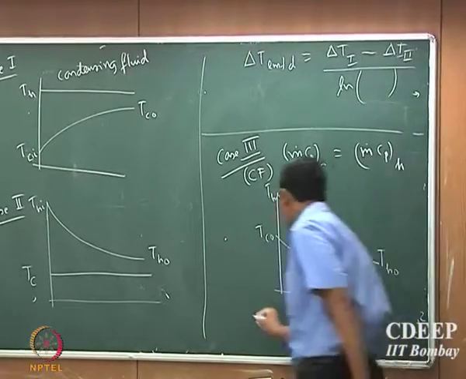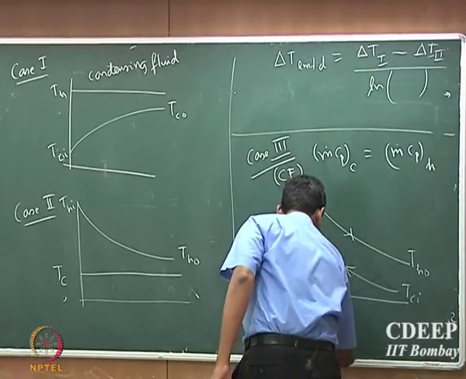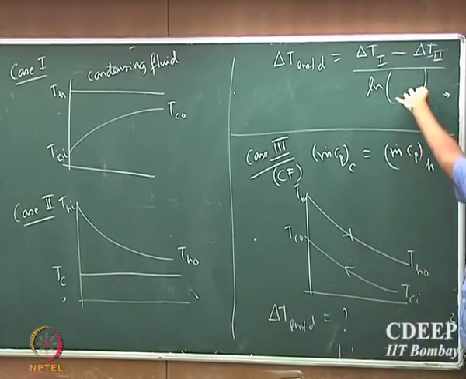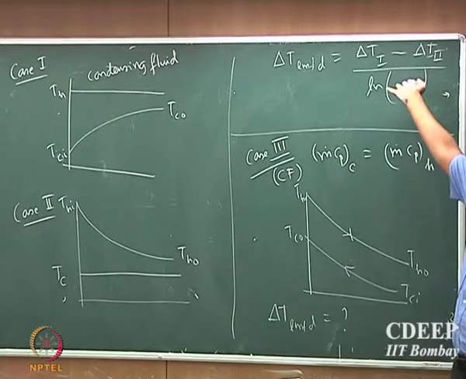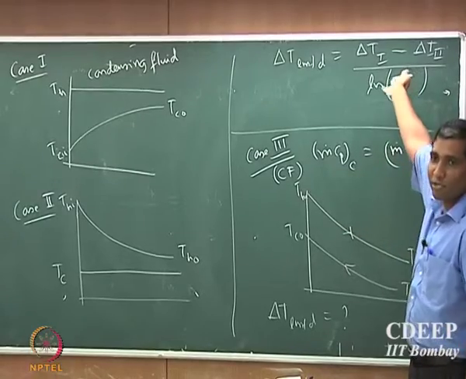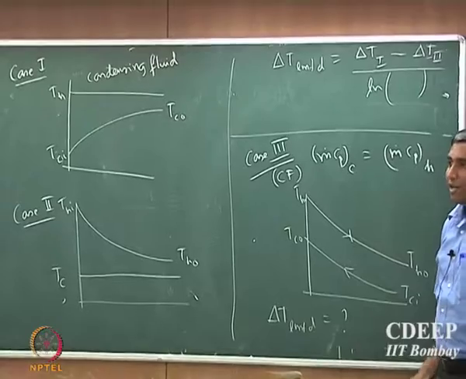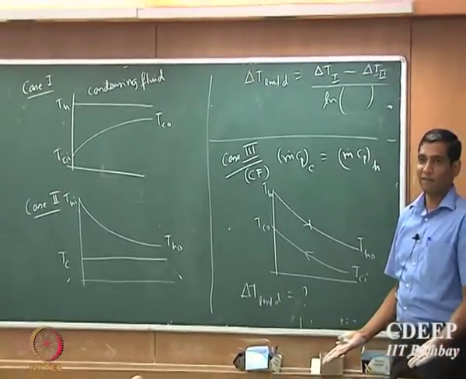So what is the delta T LMTD that we should use? It cannot be this. So what is the problem? It is 0 by 0, you cannot have this. So what is the delta T here? It's delta T actual itself.